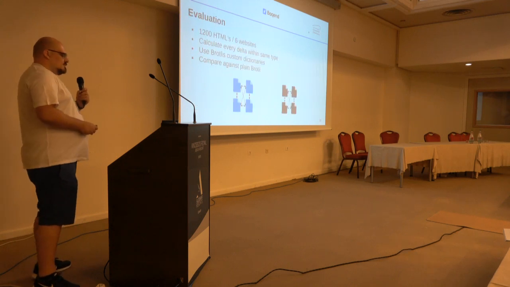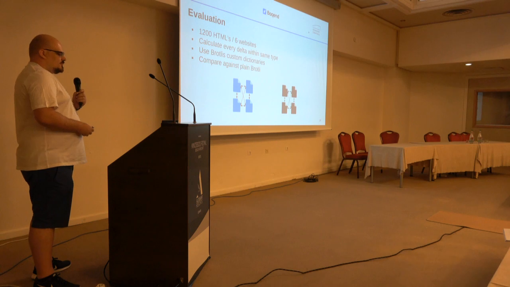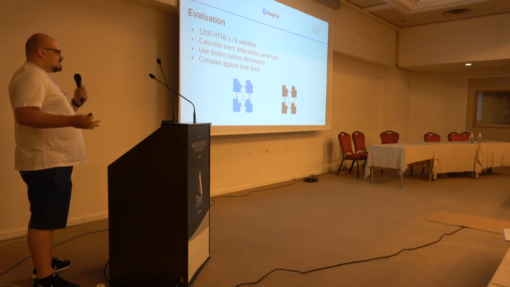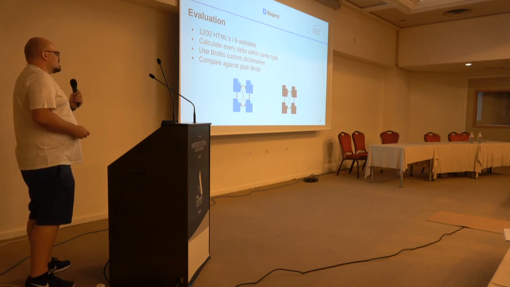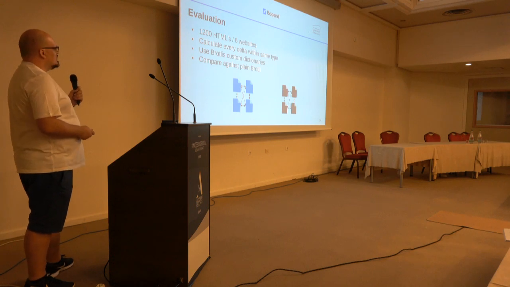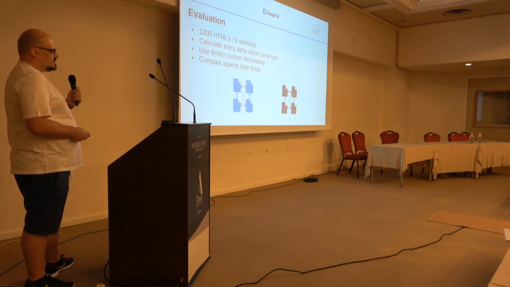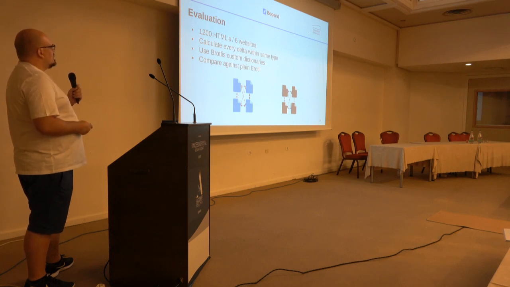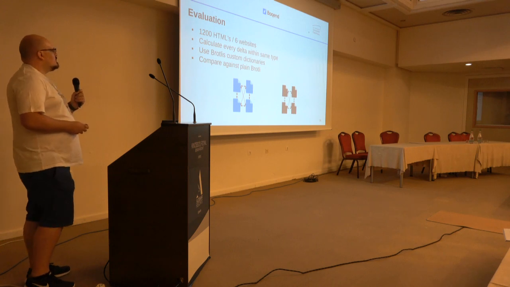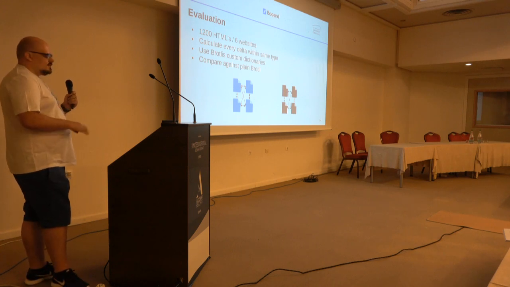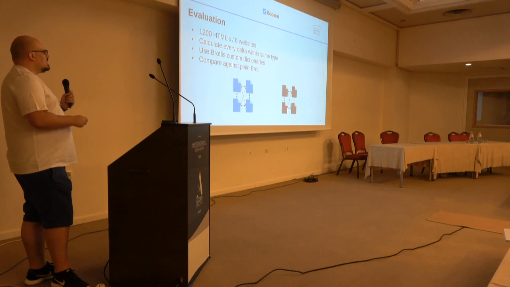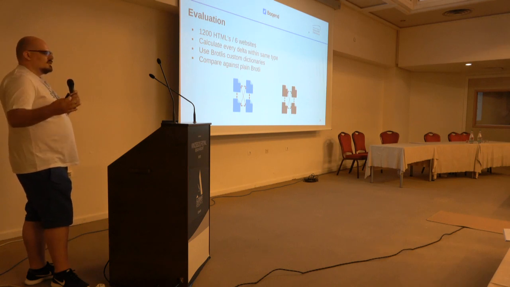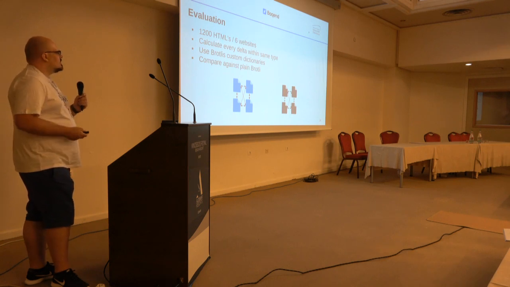So we wanted to evaluate this, but we couldn't deploy it because there's no browser support so far. So this is on data which is part of Akamai's tracking or customers, and we took 1.2K HTML files across 6 websites, and these were the most requested HTML files from the sites.